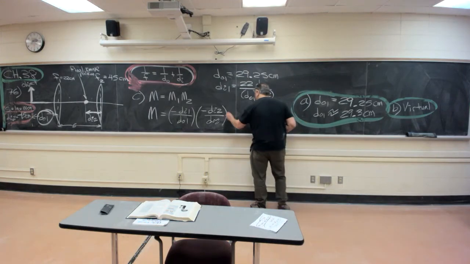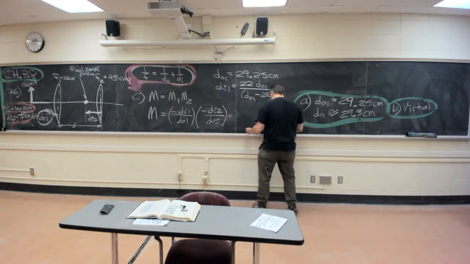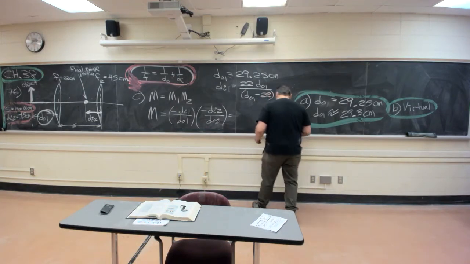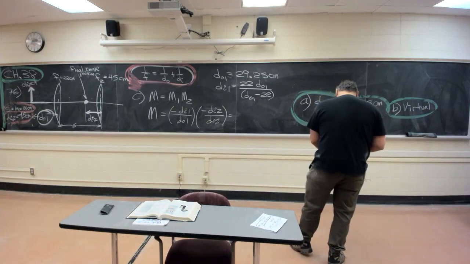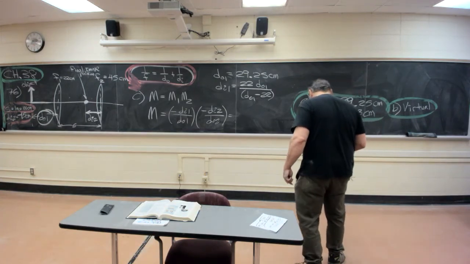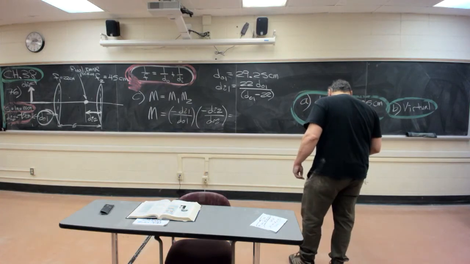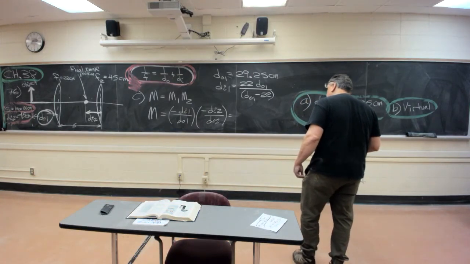The DI, the negative DI1, and we'll see what we can do here. Shouldn't have been a negative there, guys. For some reason, I'm maybe a little careless with the signs.